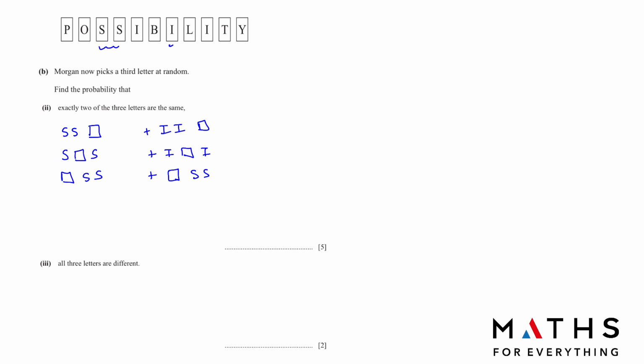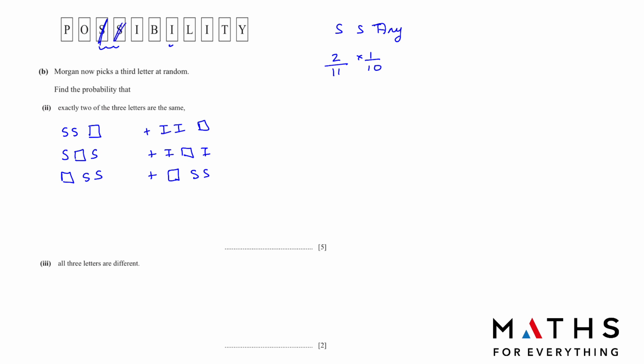Now that we know it, we can write down the probability of S, S, and any letter. I'll just write it here, S, S, any letter. S is going to be 2 over 11 because there are two S. Then if I remove 1, I'm going to have 1 over 10.